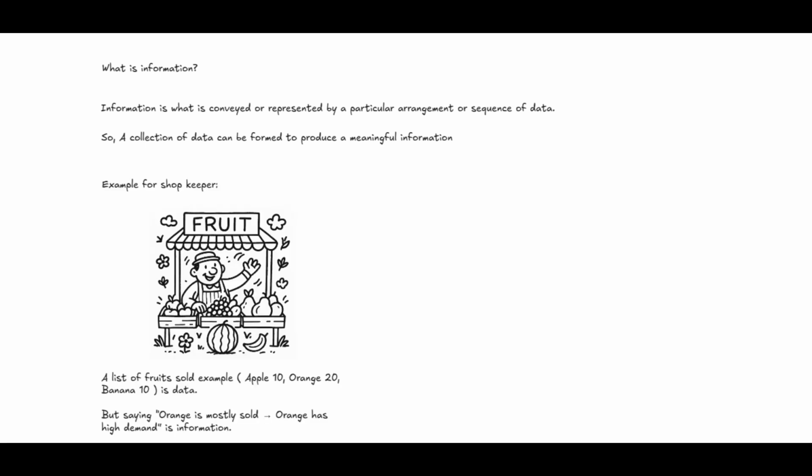Let's take a look at the two examples we have. Imagine a shopkeeper has data about how many fruits they sold: 10 apples, 20 oranges, and 10 bananas. That's just raw data. But when we say oranges are the most sold fruit and have the highest demand, we have turned that data into useful information.